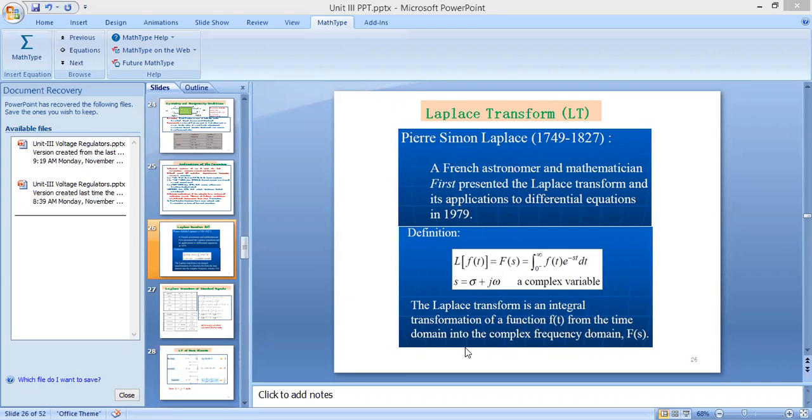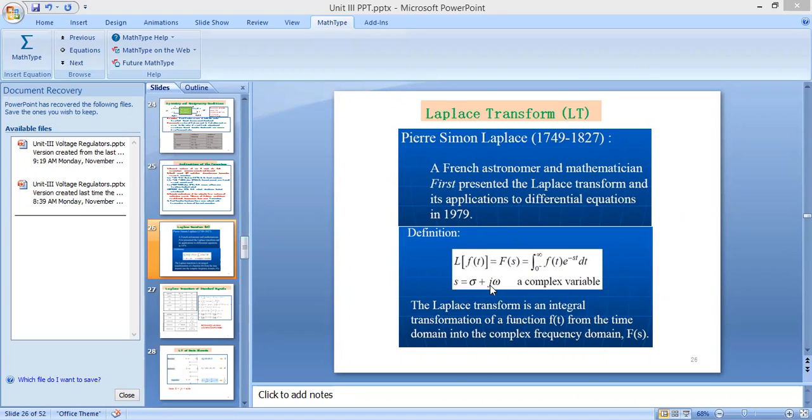Both the complementary as well as the particular solutions can be obtained in one operation by using the Laplace transform. So the Laplace transform gives us the complete solution for differential equations very easily. We convert the time domain value into a frequency domain, which has the complex variable s equal to sigma plus j omega.